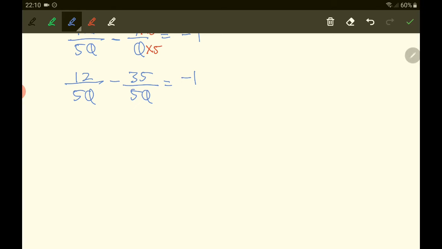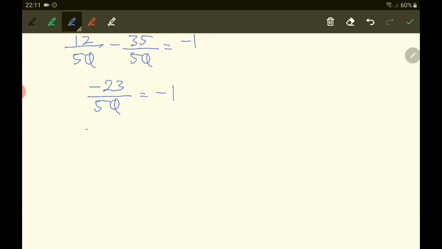So 12 minus 35 is minus 23, so it will be minus 23 over 5q, and this is equal to minus 1. Now I can move the 5q on the denominator, division, to the right side, where it becomes multiplication.